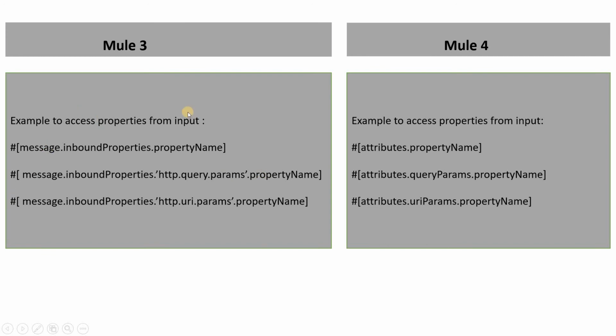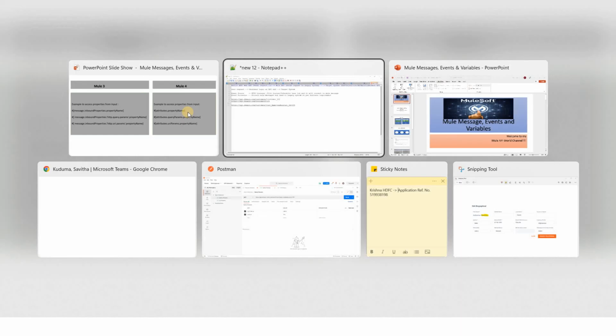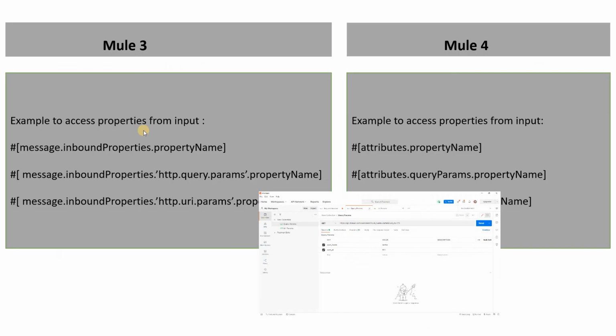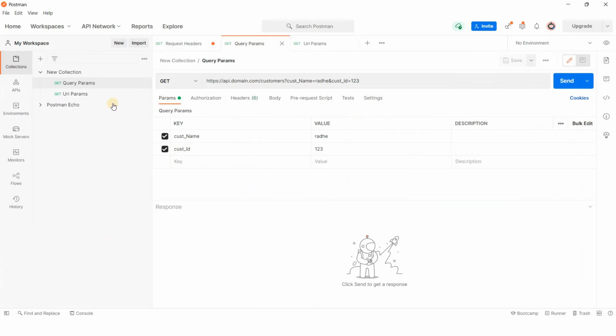Let me give one scenario. This is one request which I have created in Postman. You can see my query parameters: customer name equal to Radhe, customer ID equal to 123. How can we access these query parameters?